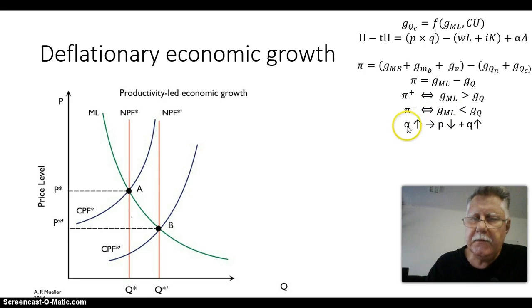Now, let's assume there is a productivity rise. This would move down the prices and move up the quantity.